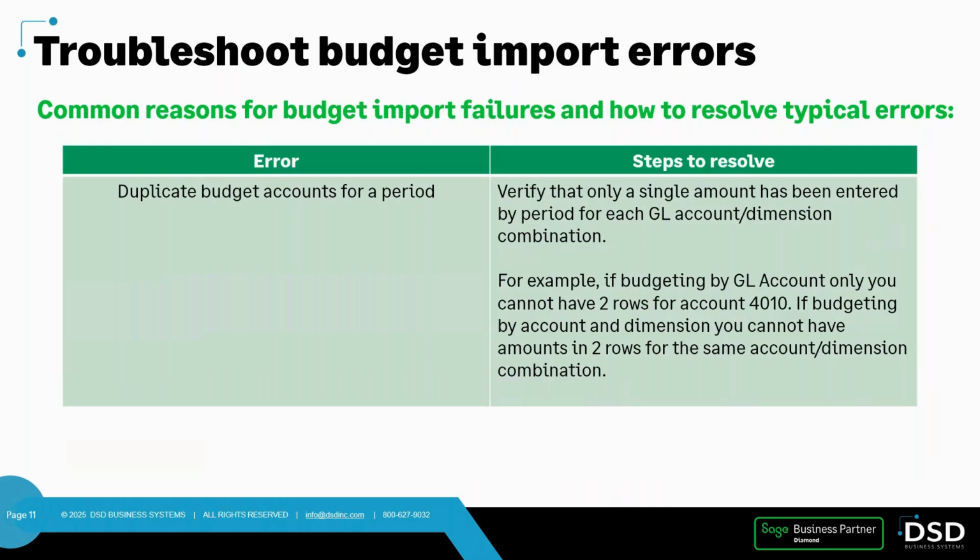The best thing you could do is go into your Excel spreadsheet and remove duplicates. I tend to choose all the cells or the columns that may be used multiple times, so the GL, maybe the dimensions. I'll just highlight those and remove duplicates.